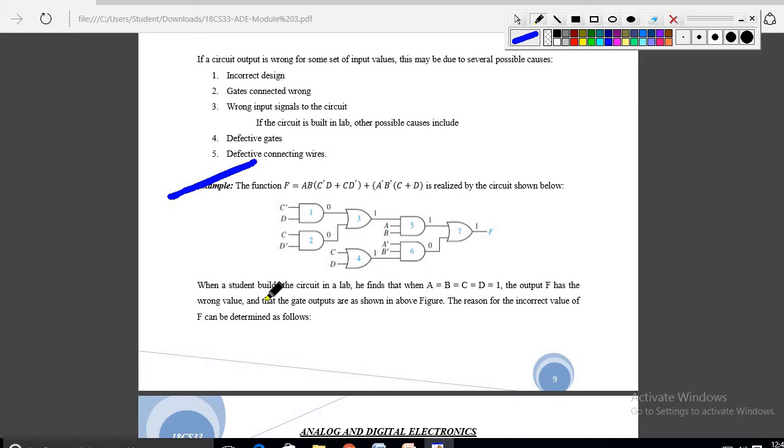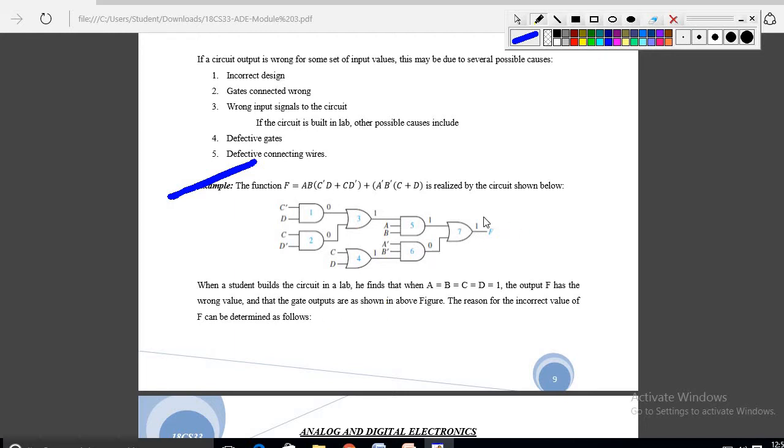When the student builds the circuit in the lab, he finds that when A, B, C, D are all 1, the output F has the wrong value. The output he obtained in the lab should be 0, but he got 1 there. So we have to test whether it is a 1 or 0.